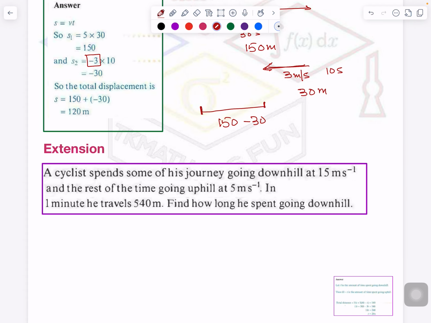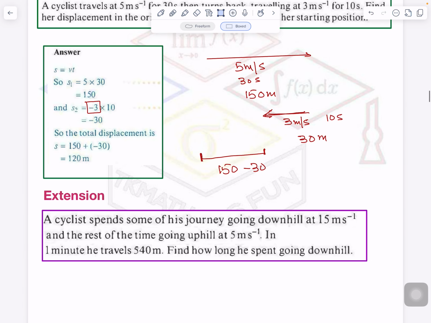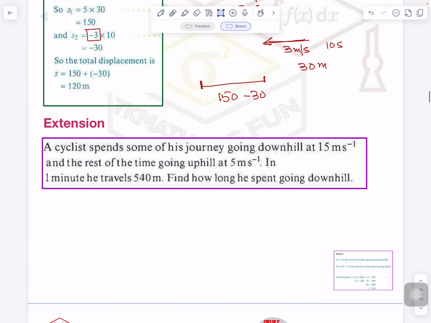Now this is the extension of the question. You can take time and I will show you the answer here. You can put the video on pause and I will show you the solution.